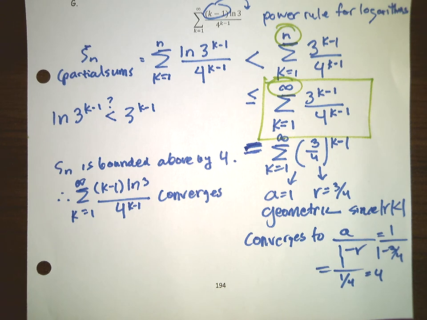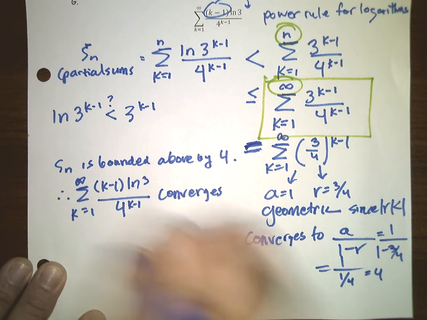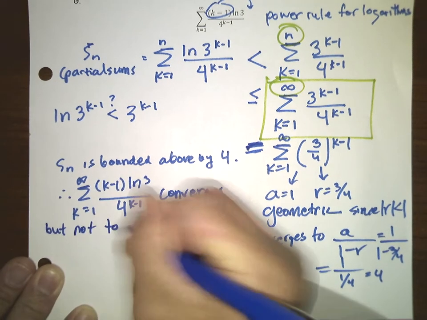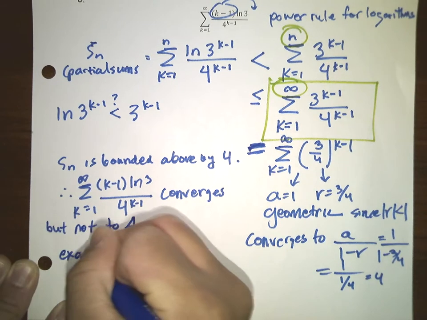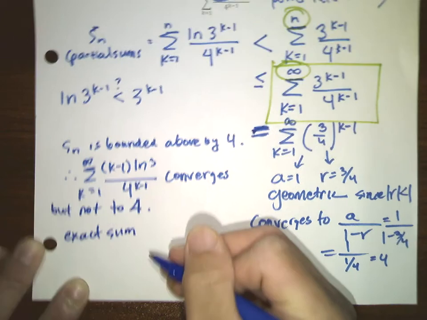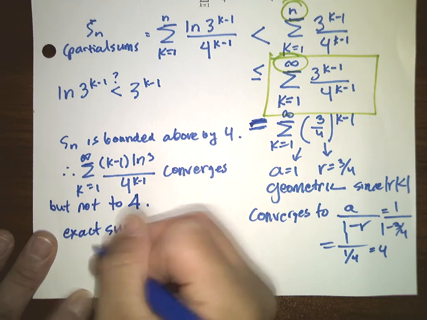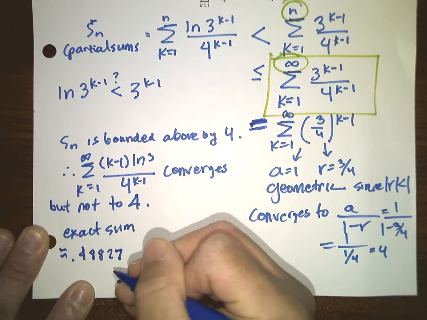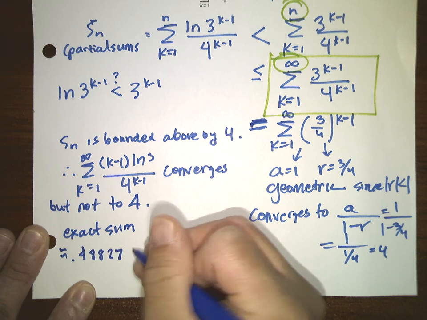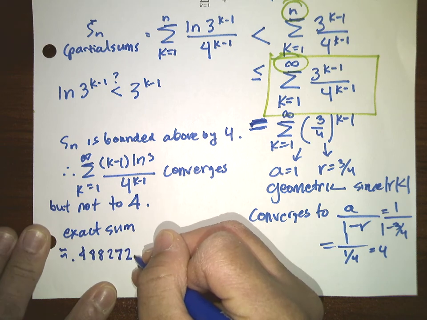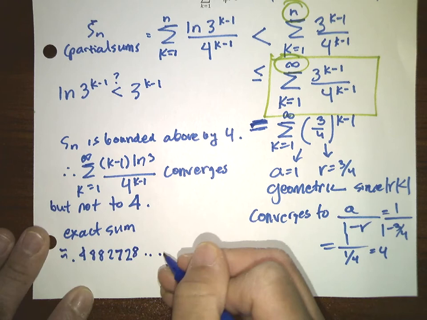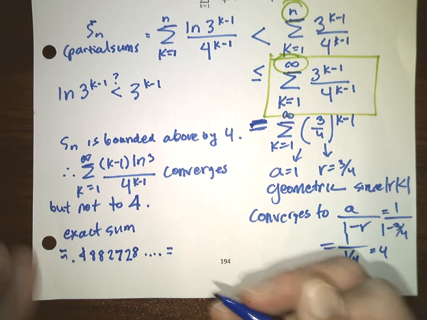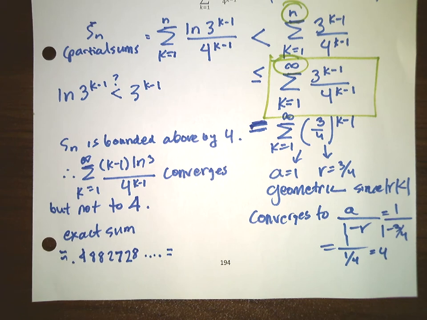But not to 4, because the exact sum is actually, well, how many digits do you want to see? It's 0.48827 to 8, and so on, but it really is, what is 3 to the 4th power?